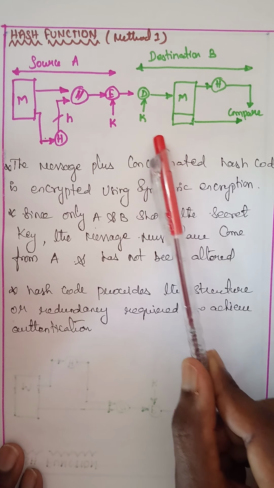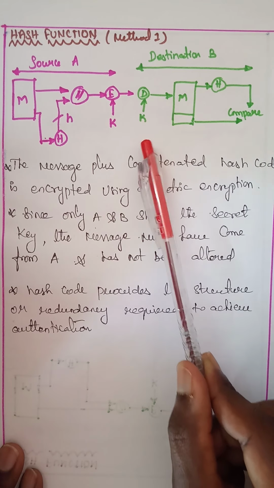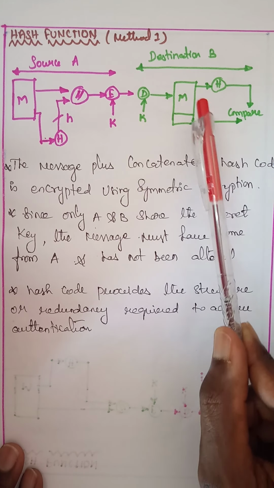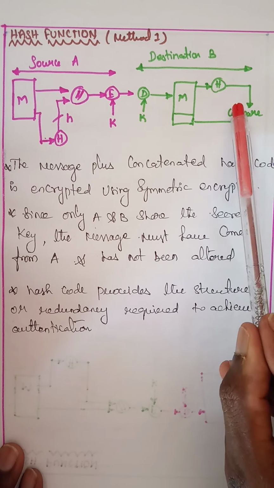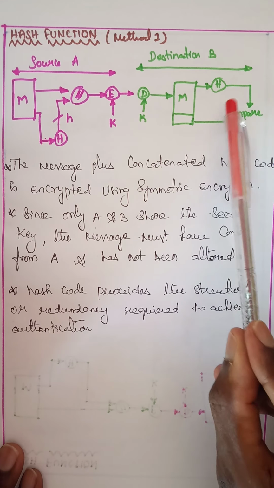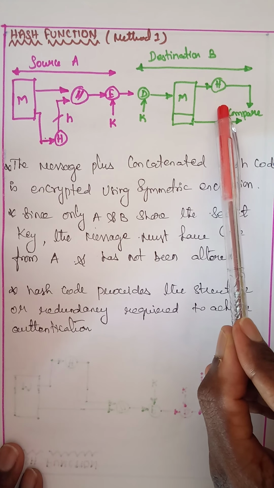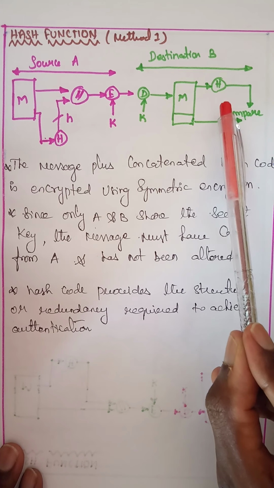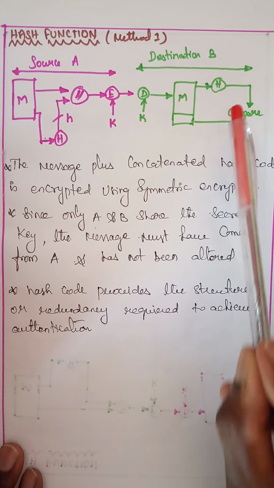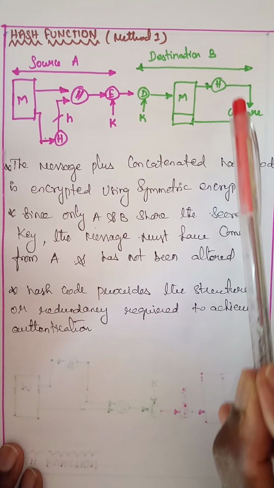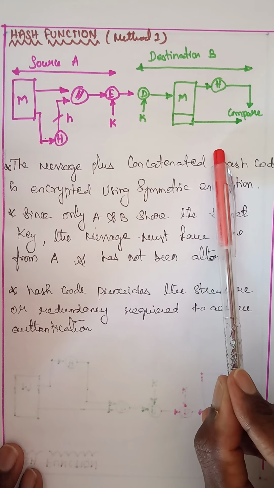On the destination side, it will decrypt by using the secret key K, and it will generate the hash code by using the hash function H. This generated hash code must be compared with the decrypted hash code.